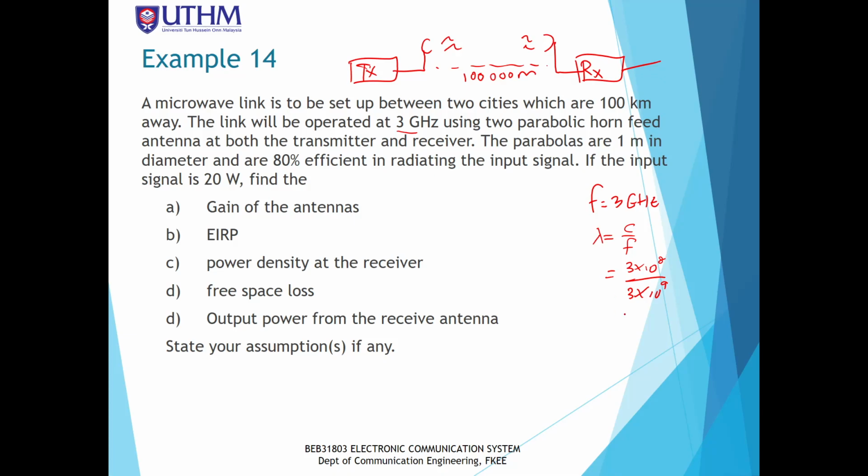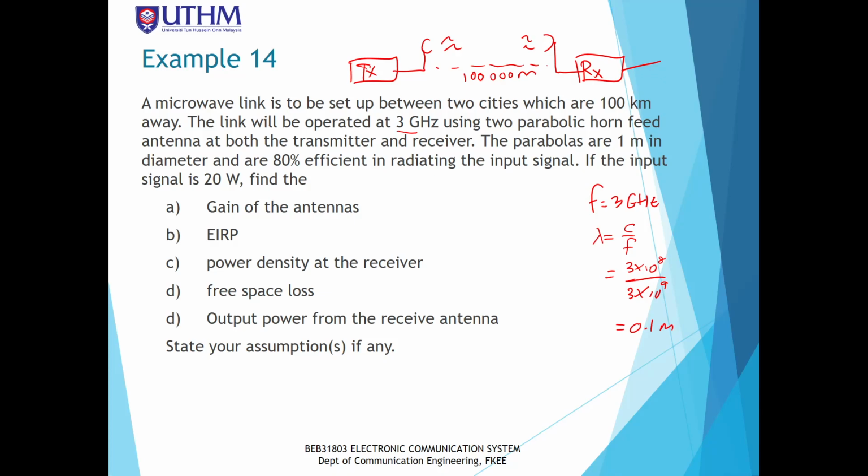So you're going to get 0.1. The two microwave links use two parabolic horn feed antennas at both transmitter and receiver.